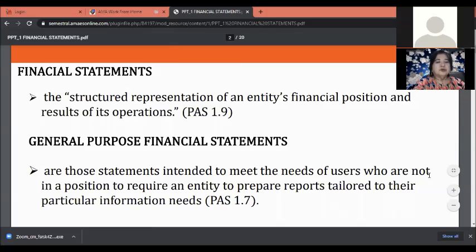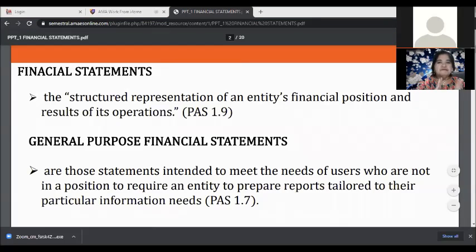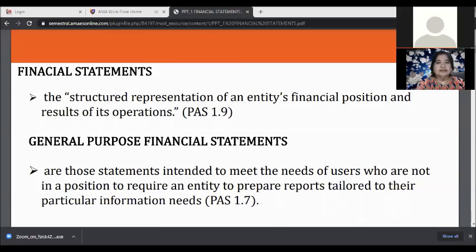So everybody having this lesson will be aware when you have the term FS. That is already how the financial position, what is the result of the business operations therein, because all of this are stated in financial statements.